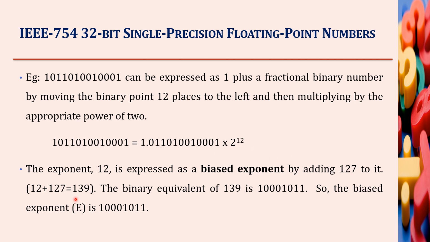We get 139, and its corresponding binary number is 10001011. So the biased exponent is 10001011. This is the mantissa part and this is the biased exponent part. Now it is in the single precision format.